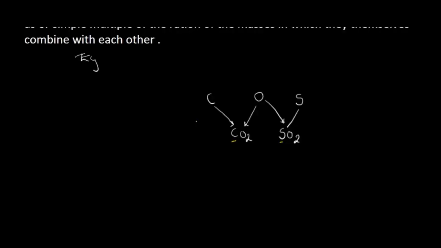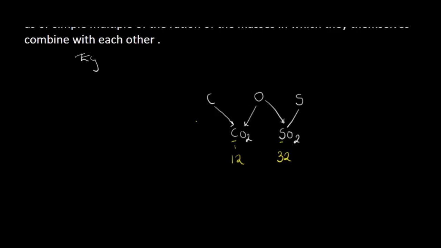So now, what is the atomic mass? What is the mass of carbon here? That is 12 grams. What is the mass of sulfur? That is 32. You are looking for the ratio.